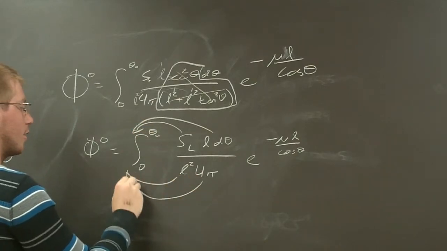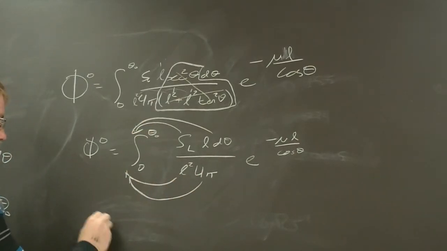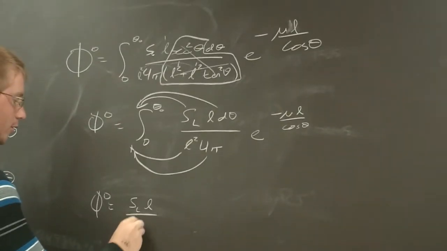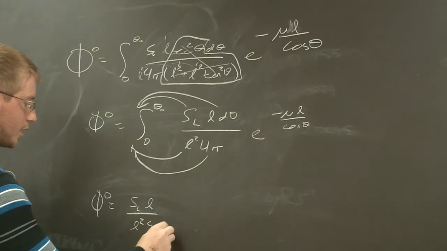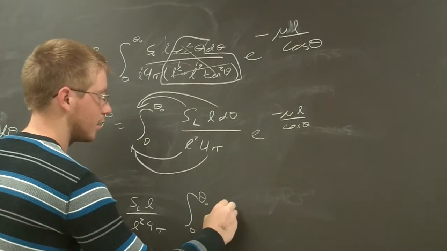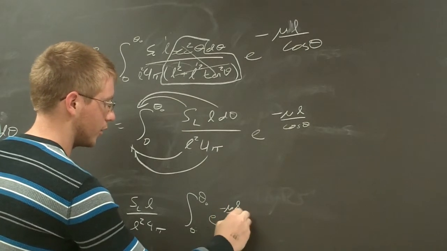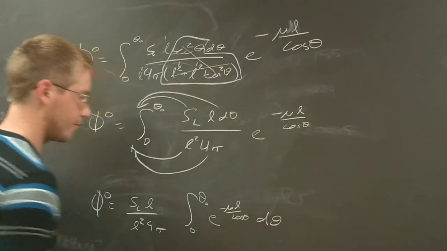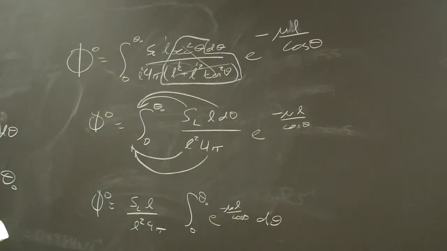that we don't have to solve because other people solve it. So phi is equal to SL, the length over length squared, 4 pi integral from 0 to theta naught of e to the negative mu L over cosine theta d theta. Is that right?